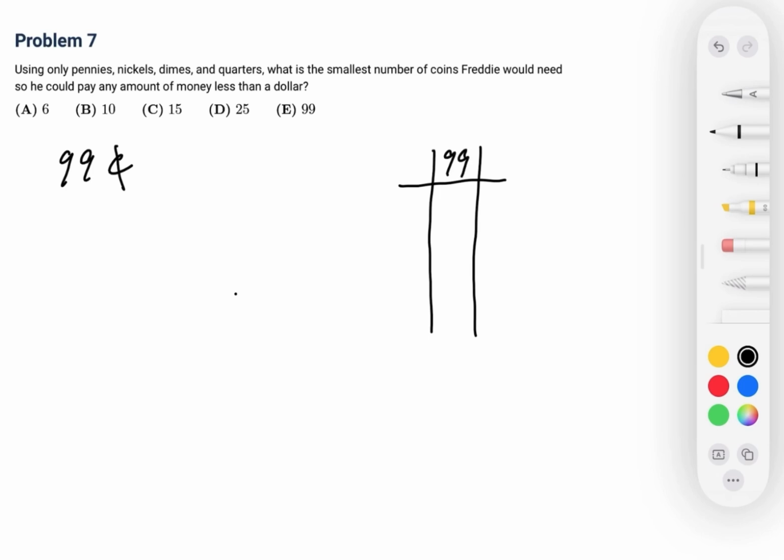We can start out by using 3 quarters to minimize the amount of coins, which leaves us with 24 cents. Then we can use 2 dimes, which is 20 cents, which leaves us with 4 cents. Lastly, we can use 4 pennies, 4 cents, which leaves us with 0 cents left.